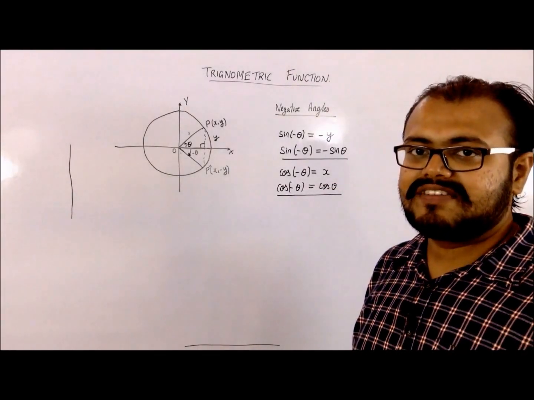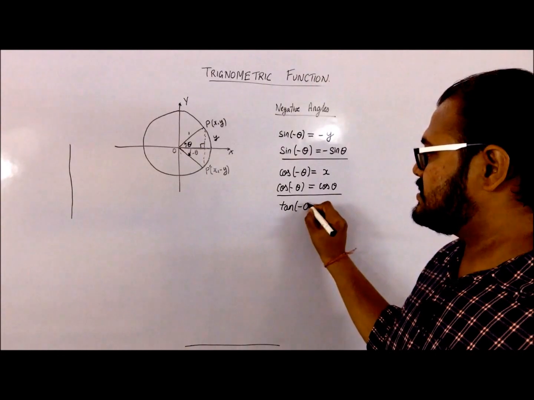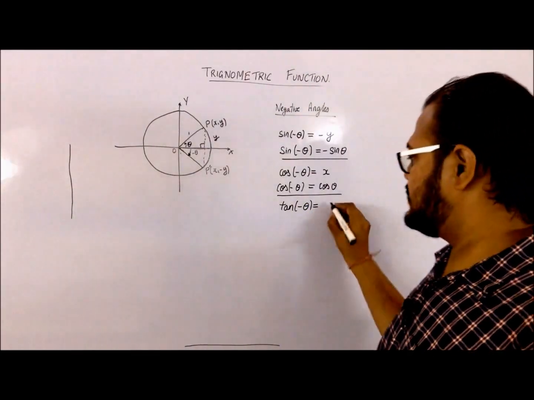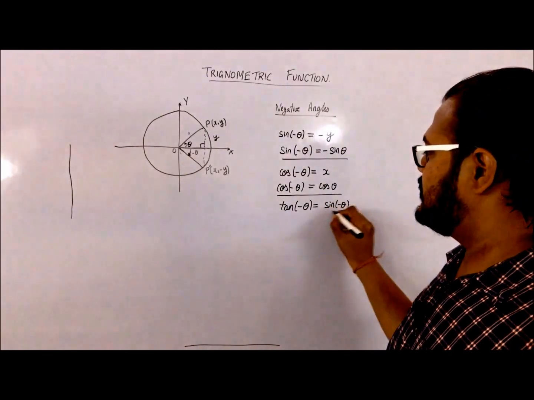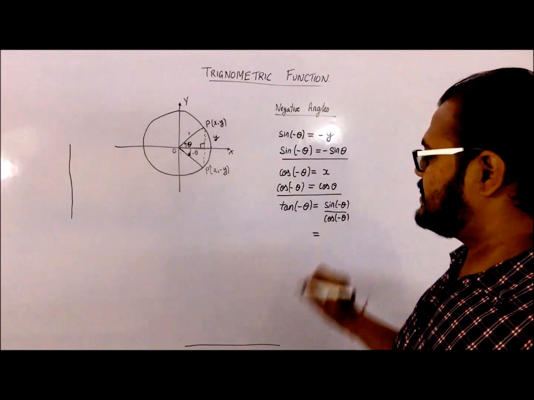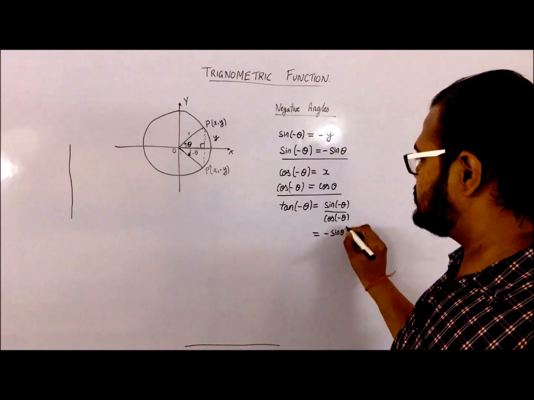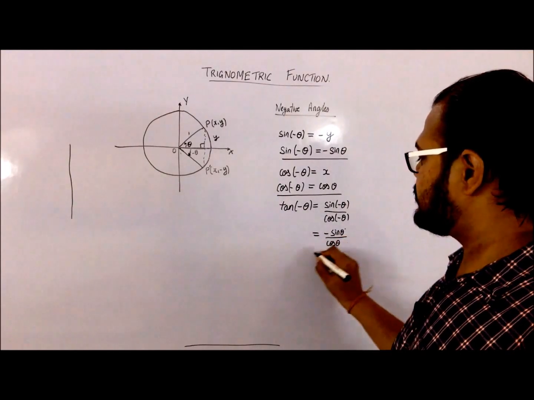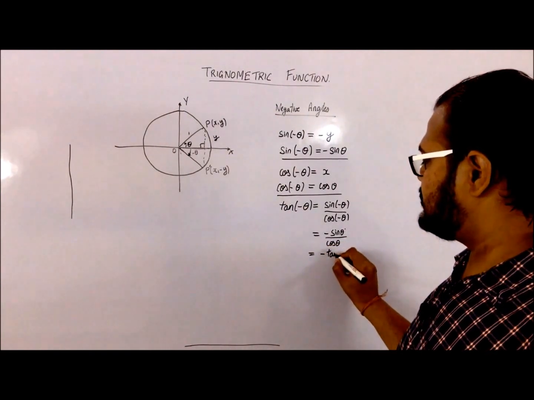I can now derive the other relations, that is for tan of minus theta. So tan of minus theta is nothing but sine of minus theta divided by cos of minus theta. That gives me minus sine theta, if you just see above, divided by cos theta, which gets me the answer of minus tan theta.